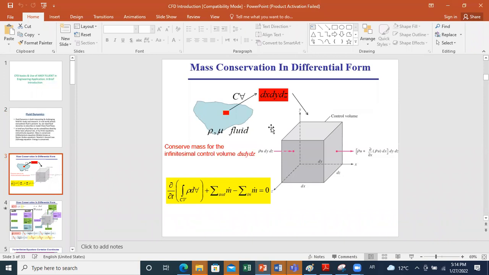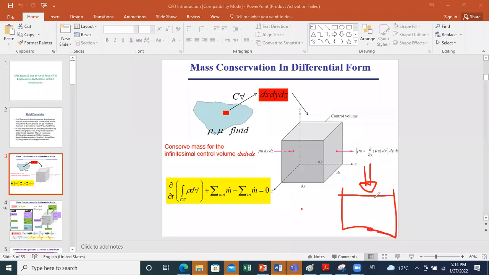While for example in some fluid problems you have, let's say, a big control volume, a reservoir of water, and you are supplying water from this level, and you have a small outlet here.